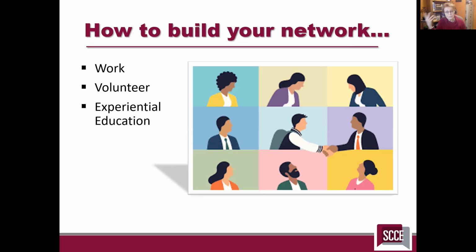So some of you might be entering a co-op program. Some of you might be taking a course that is an applied placement or a research practicum or an internship. And you're probably going to have a supervisor or supervisors. And these are all going to be a part of your network that you're building as you go.